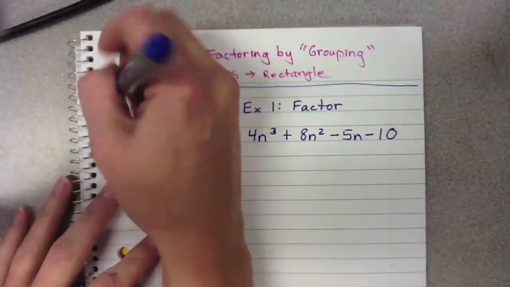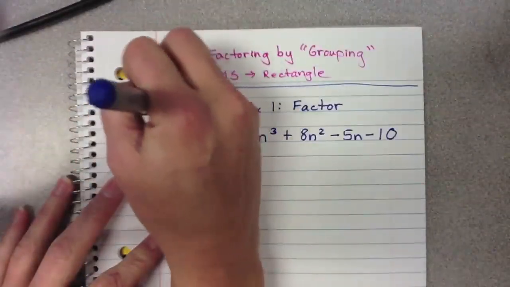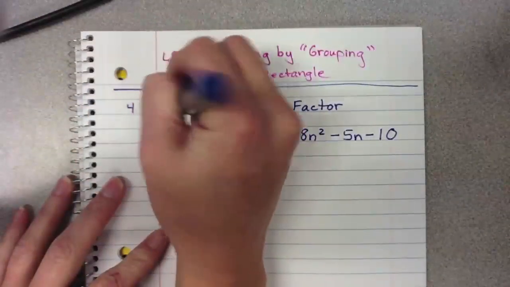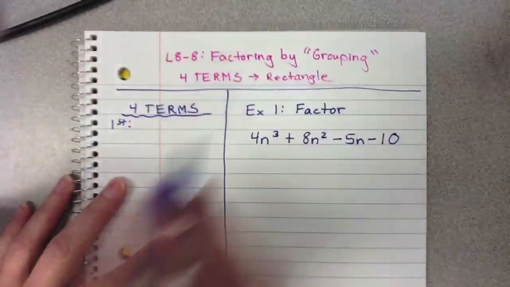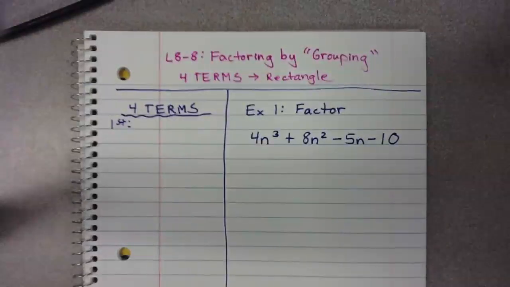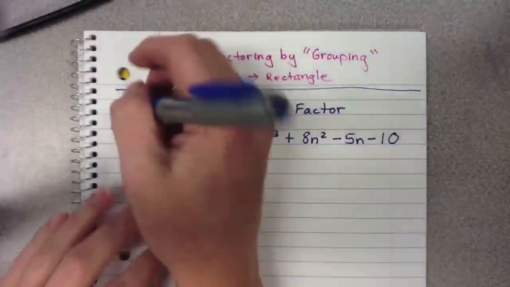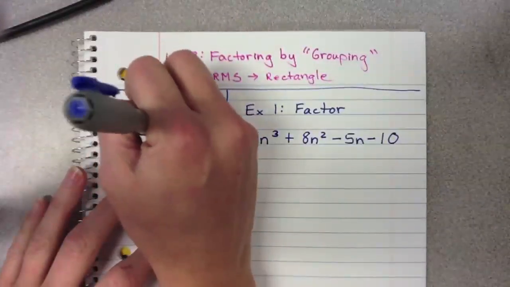So when you see 4 terms, first thing you're always going to do, and this is going to be across the board, whole entire chapter, every time you go to factor, you're always going to look for a common factor first.